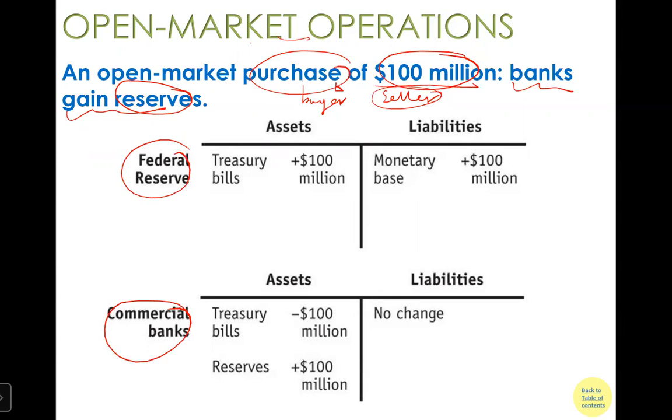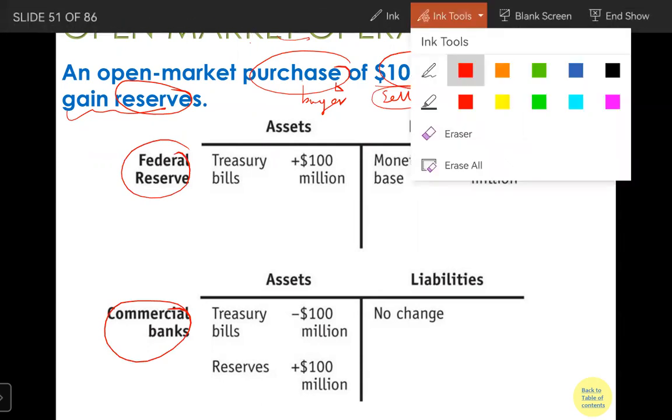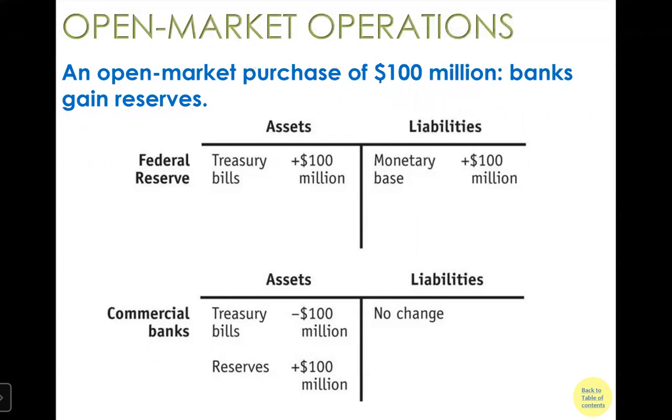Now let's look at how their T accounts are going to change. Start with the Fed. They purchase $100 million of treasury bills, so their assets increase. But how are they going to pay for this purchase? They are going to increase their liability.